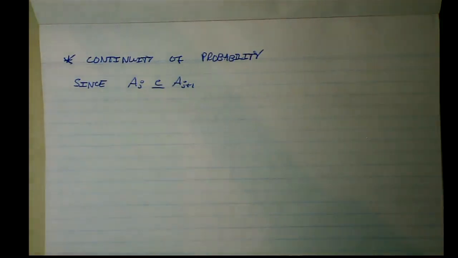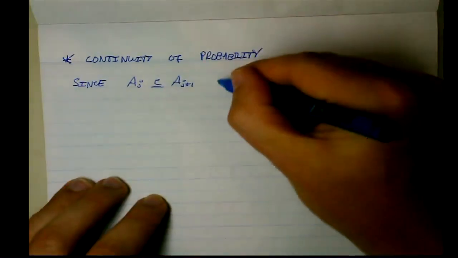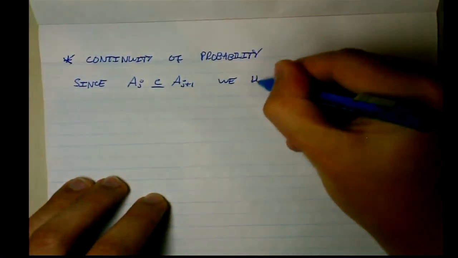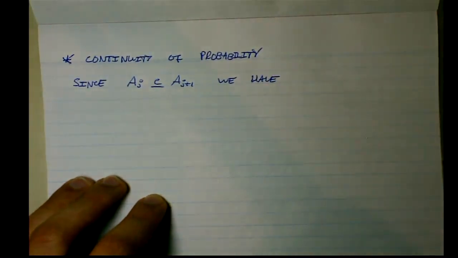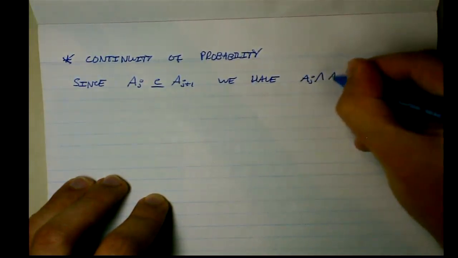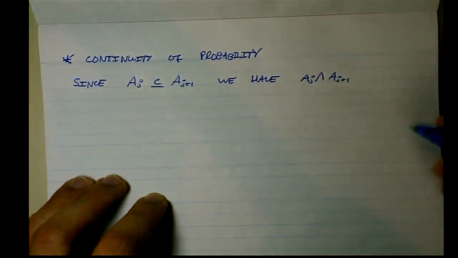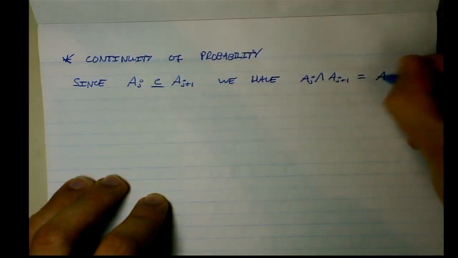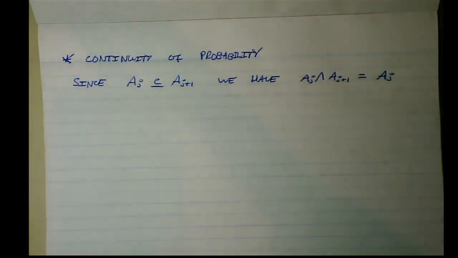That's the definition, the first part of the definition of events increasing to A. Therefore, we have that Aj intersected with Aj plus 1 is Aj, because Aj plus 1 contains Aj.